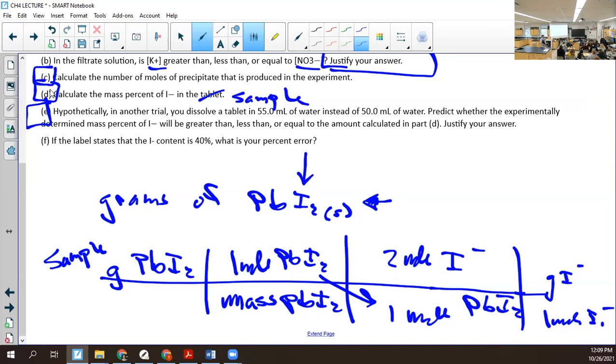When you learn later in chapter 17, you'll have a better answer to this. You'll say Ksp is independent of the amount of water present, which is what this is asking. You just don't know that yet. But as long as we have a soluble substance, especially NO3, water is really not part of the reaction. It's the place it happens, but it's not part of it.